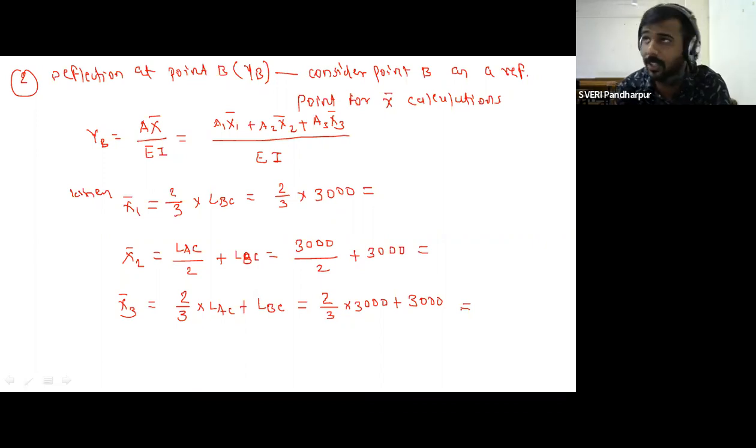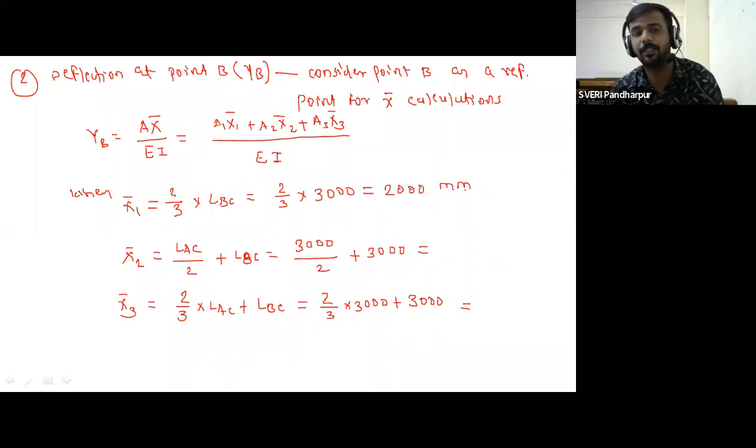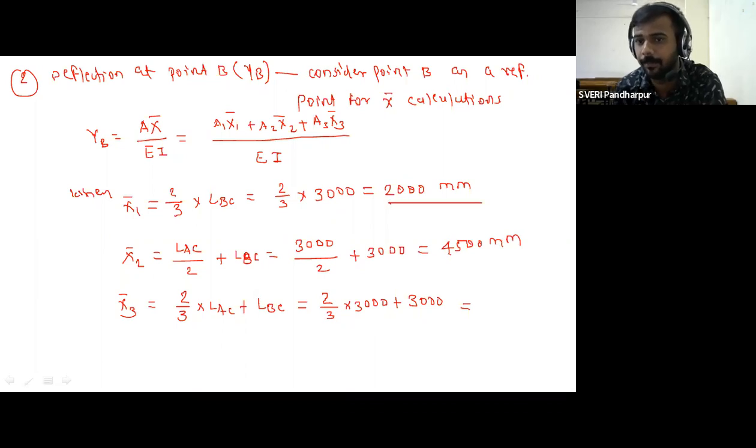So what will be the first x1 bar distance? 2000. Please check your answers and send the answers in the chat box. 2000 mm. This is x1 bar. 4500 mm. 5000 mm.